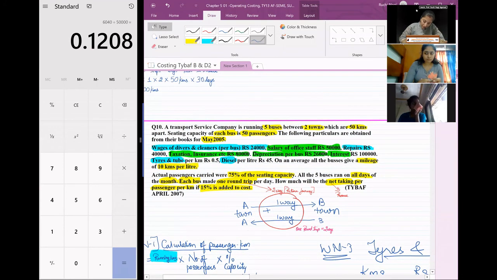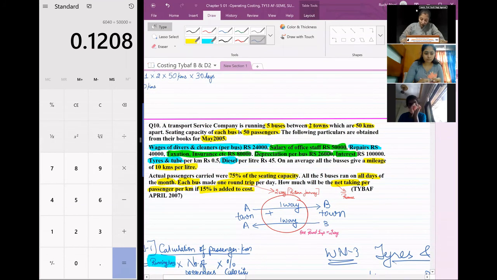Okay, let us see. Repairs rupees 40,000, variable cost. Tax and insurance, fixed cost. Depreciation per bus 26,000. Okay, fine. But depreciation is not said to be on kilometers run.